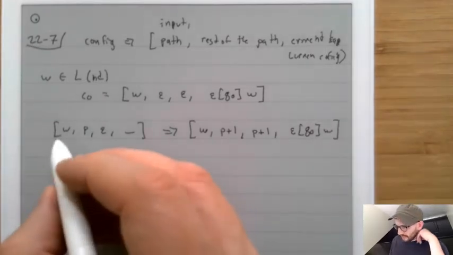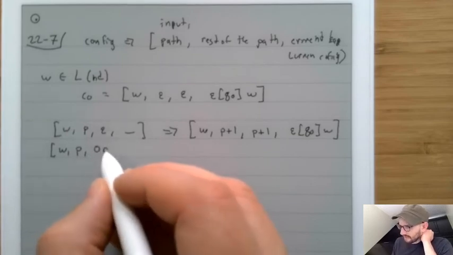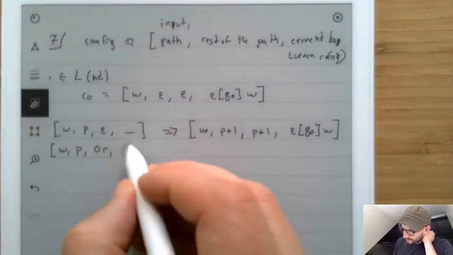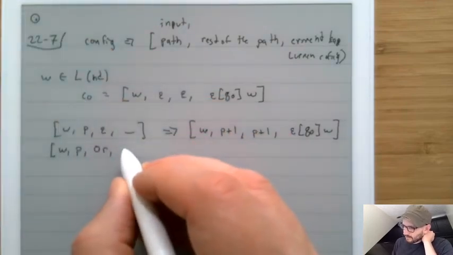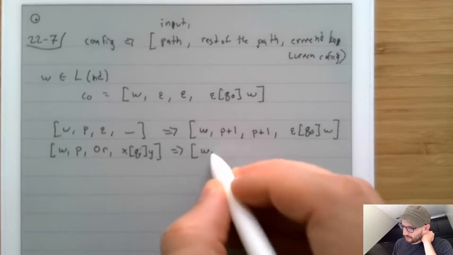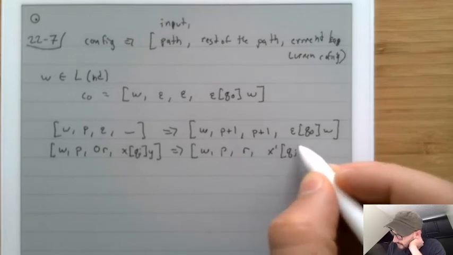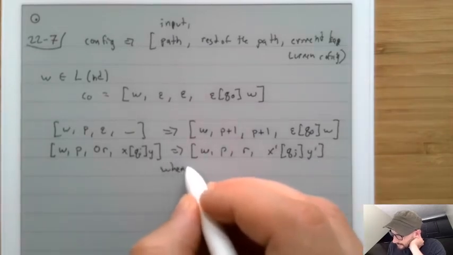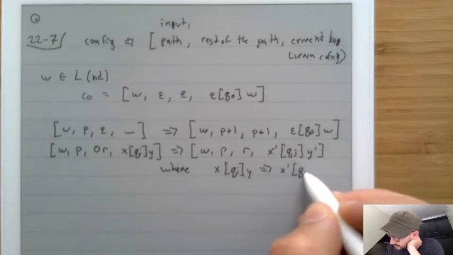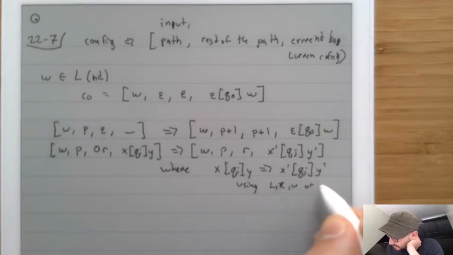All right. Then we say that if the input is W, the path is P, and then we have a 0, and then the rest of the path R, and the configuration X, Q, I, Y, then we go to W, P, R, and then X prime, Q, J, Y prime, where X, Q, I, Y goes to X prime, Q, J, Y prime using left, right, blank, or the left fork rule.